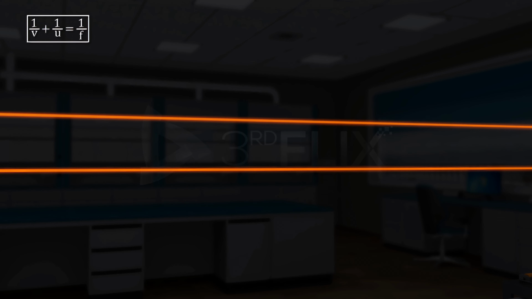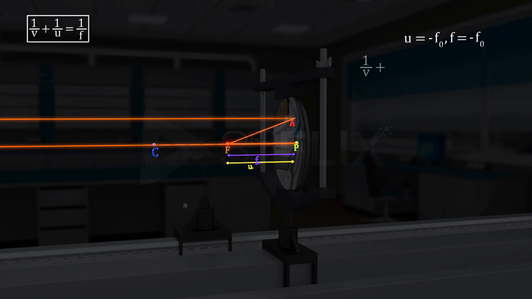Hence, a real image is formed at infinity if the object is placed at the focus. If we substitute u with minus f naught and f with minus f naught in the mirror formula, we get v equals minus infinity. This is the same result as we got from the ray diagram analysis.